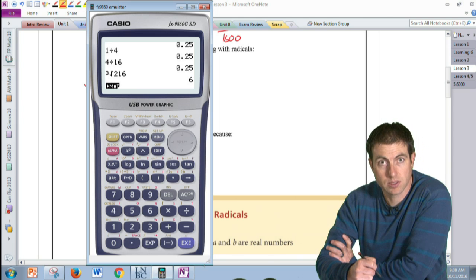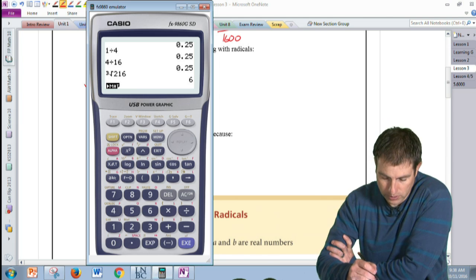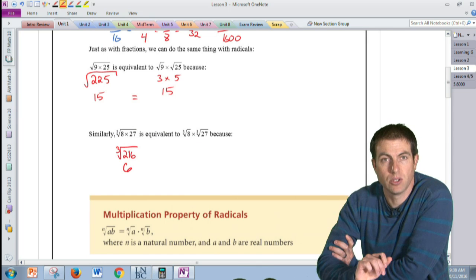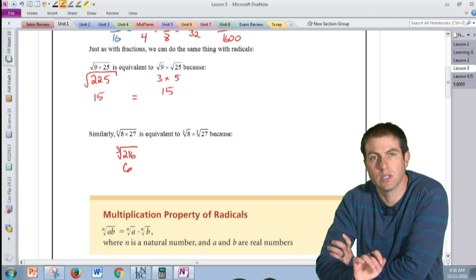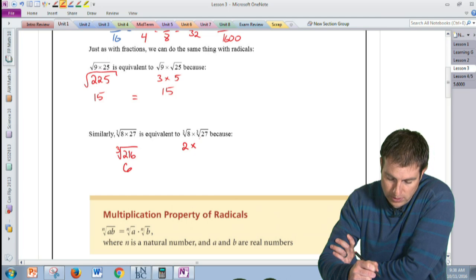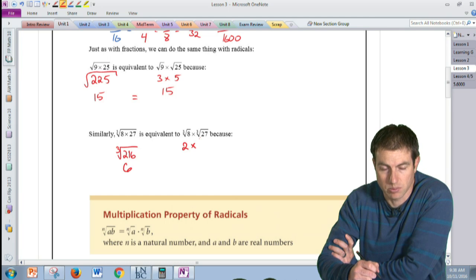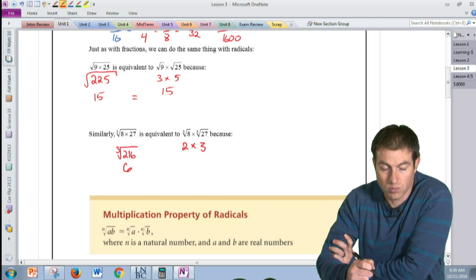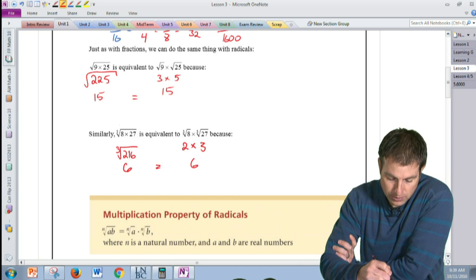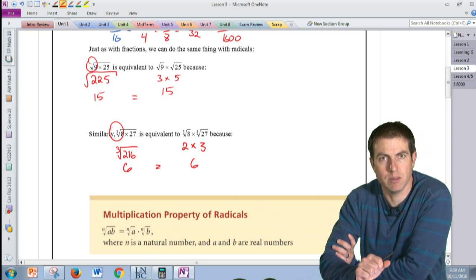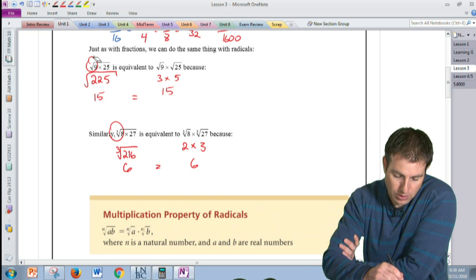So 6 times 6 times 6 gives us 216. Or the cube root of 8 is 2, because 2 times 2 is 4 times 2 is 8. And the cube root of 27 is 3, because 3 times 3 is 9, times 3 is 27. So 2 times 3 gives me 6. So it's true of cube roots and square roots, and it doesn't matter what root I am taking, the property remains true.